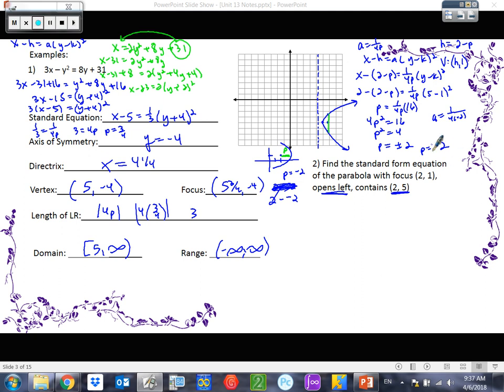And then I'm going to put this in here. So h equals 2 minus a minus 2. So h is going to be 4. So we have x minus 4 equals negative 1/8 times y minus 1 squared.